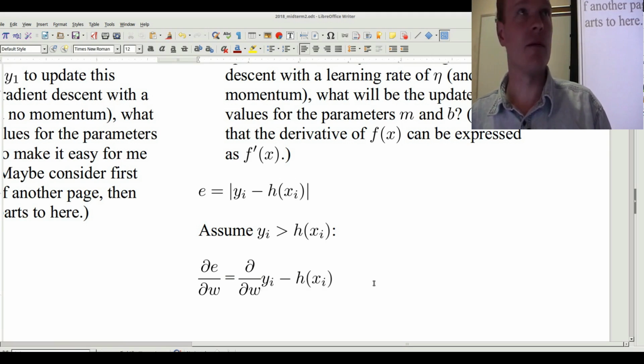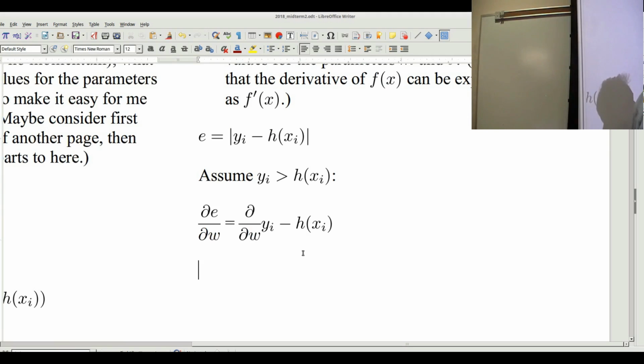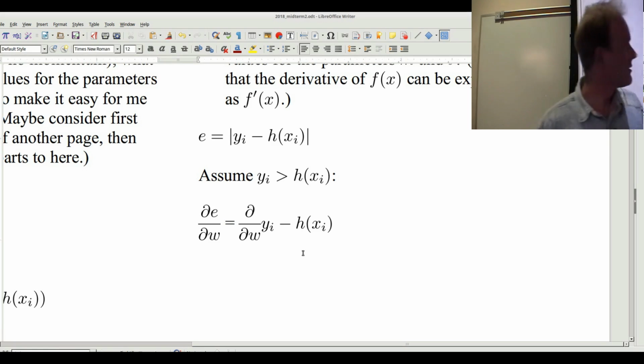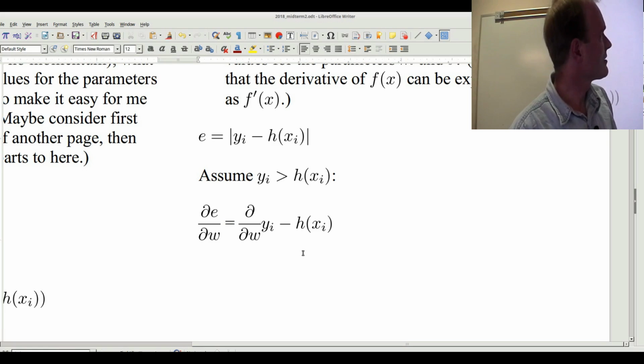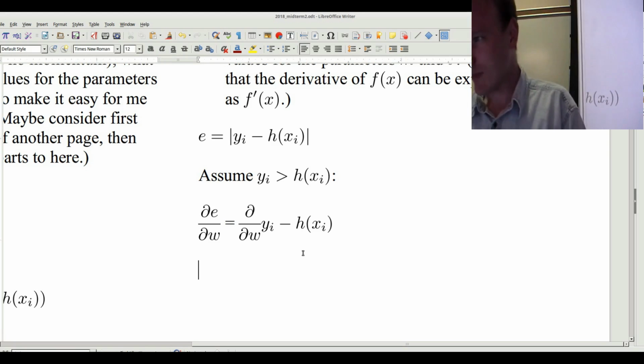So now, how am I going to get, I forgot something. Yes, I didn't forget something. That thing I forgot was the f, you're right, but it's actually inside of the h. So we're good. Moving on.